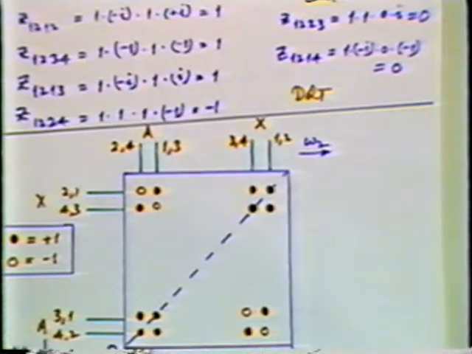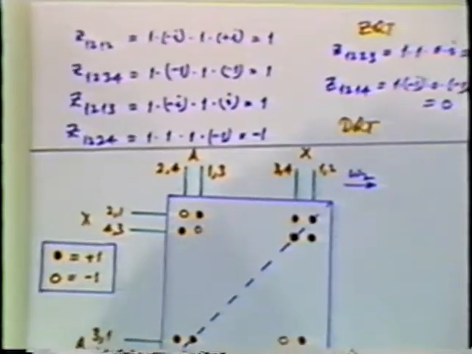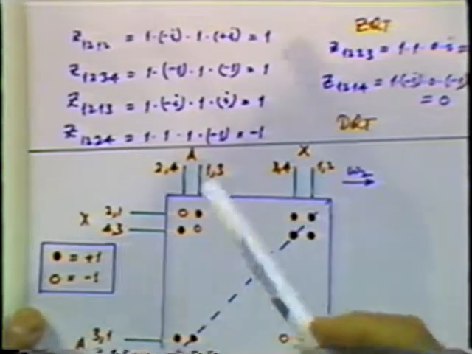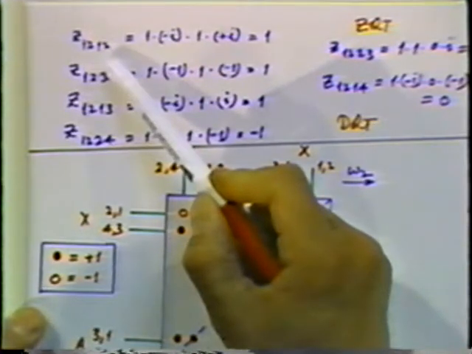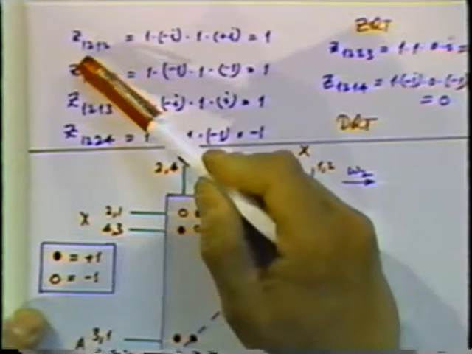The picture that's given in the notes has a mistake, and I should correct myself. Z1212 is the intensity of the peak which has a frequency omega 12 in F2.